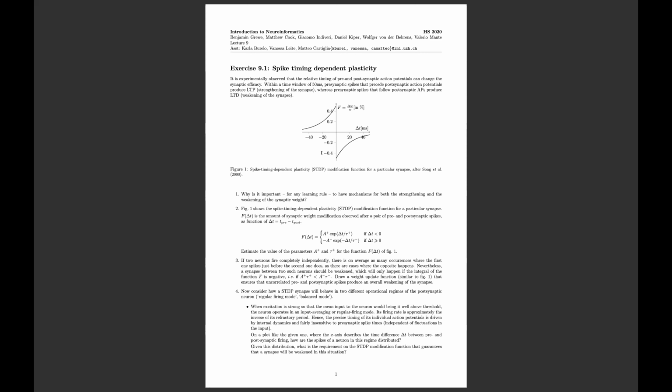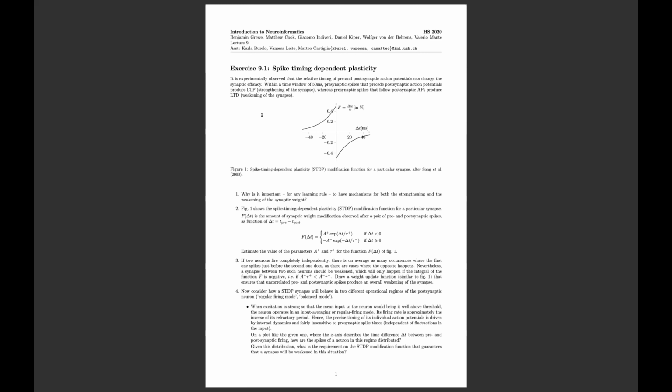Since they're both firing at kind of the same frequency, maximally and in a not really correlated manner, it would just be a uniform distribution over all delta t's, because the probability of them spiking together is the same as the probability of them spiking 10 milliseconds apart. Given this distribution, what is the requirement on the STDP modification function that guarantees that a synapse will be weakened in this situation?